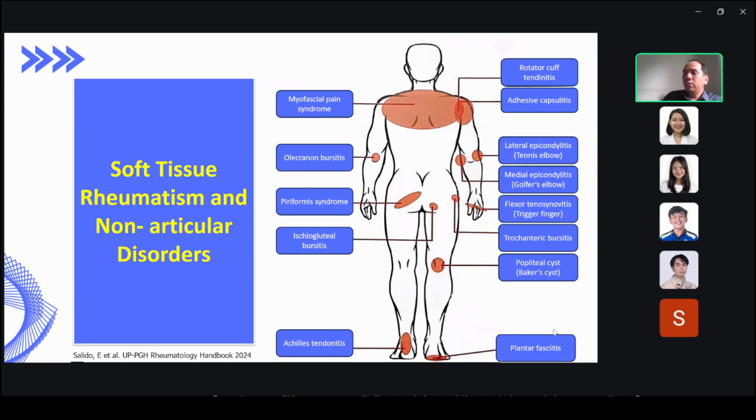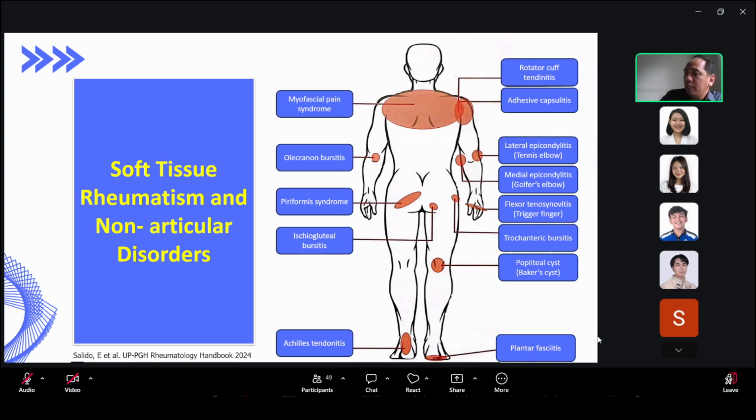And at the back of the elbow, think of olecranon bursitis. Then piriformis syndrome, think of that when the patient complains of pain in the gluteal area, as well as ischiogluteal bursitis, the tender point at the sacrum or buttock. Flexor tenosynovitis for trigger finger in our hands, and trochanteric bursitis at the hip.